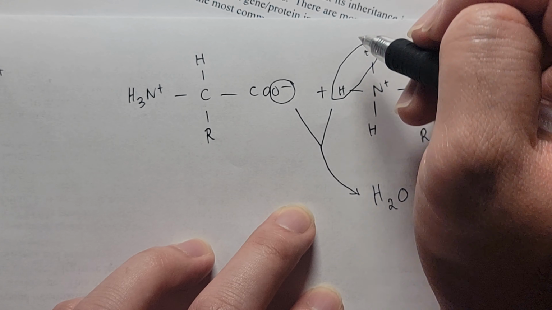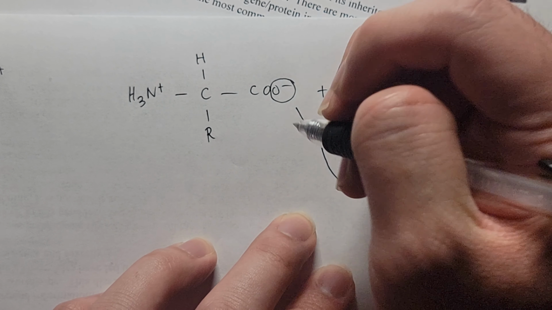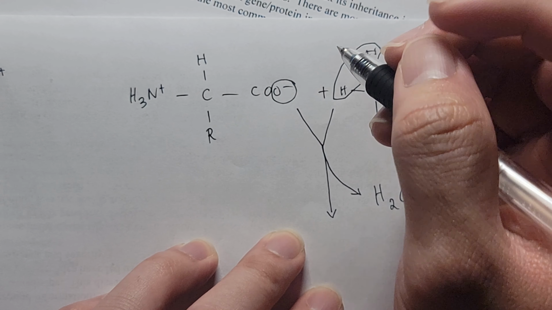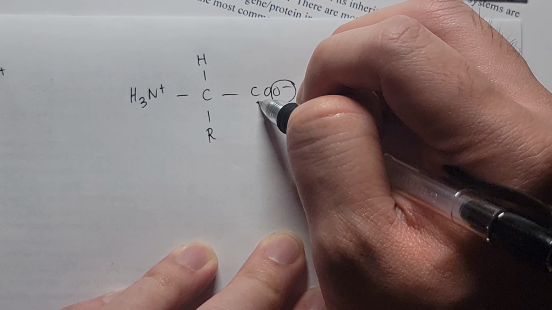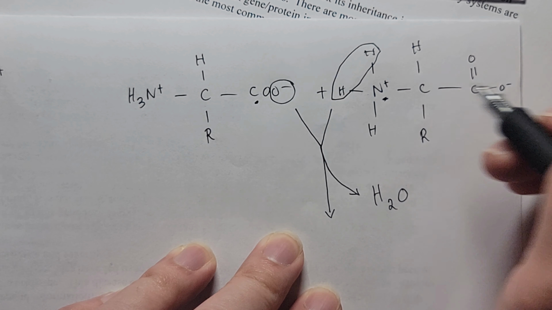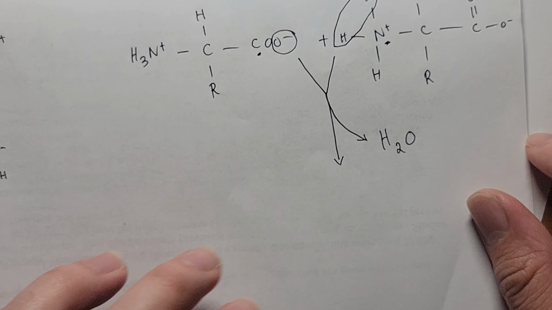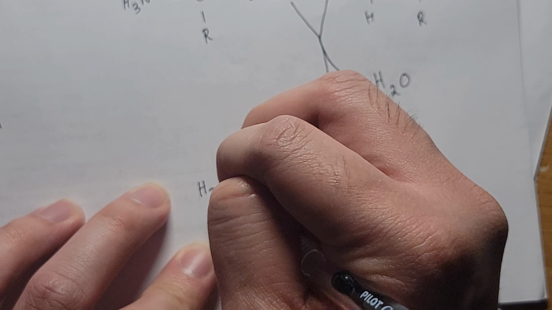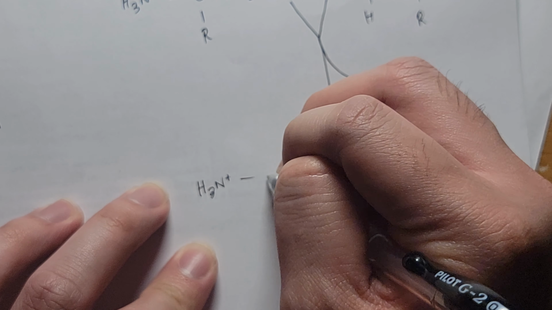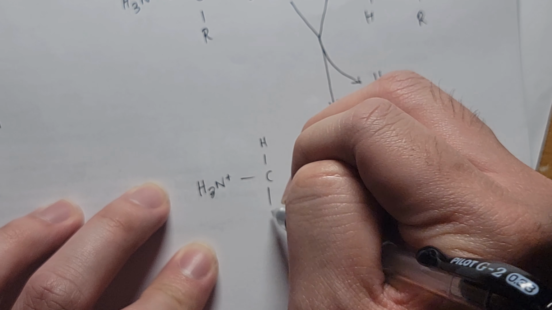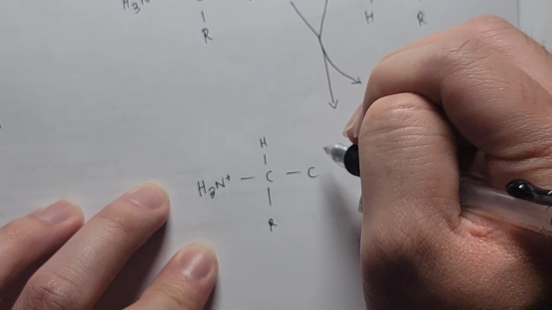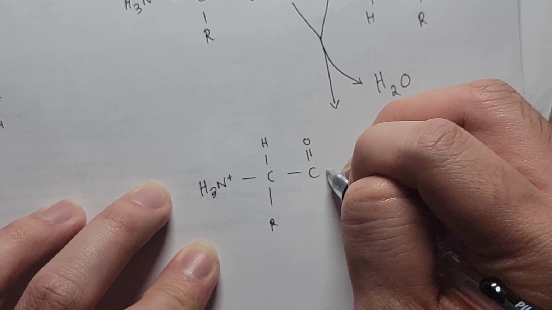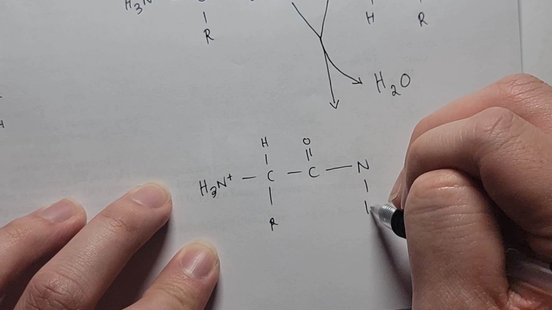And then once those molecules are formed, you're just gonna connect this carbon over here to this nitrogen over here. So in the end, you will have this final structure like this.